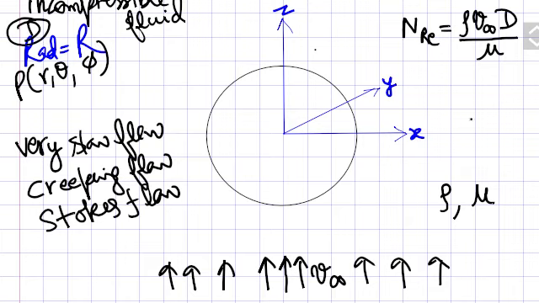So we can put all these things, with the velocity taken at a very far distance from the sphere. If we calculate this Reynolds number, it should be less than 0.1. Then only we can say that it is creeping flow or very slow flow, also called Stokes flow.